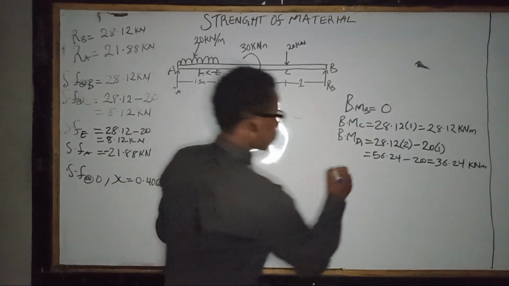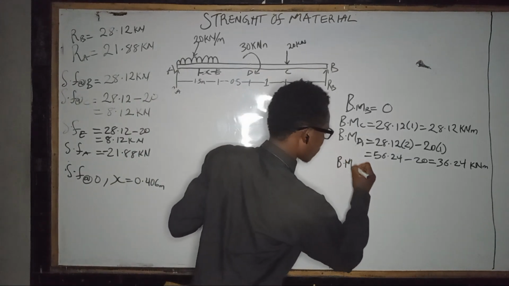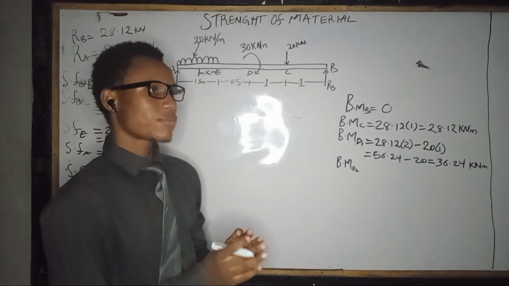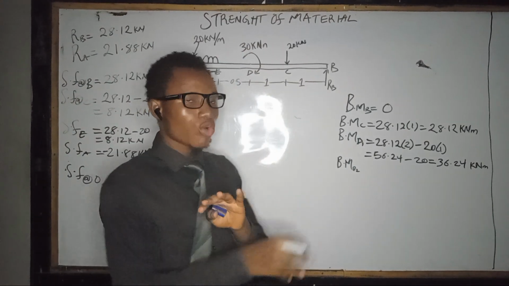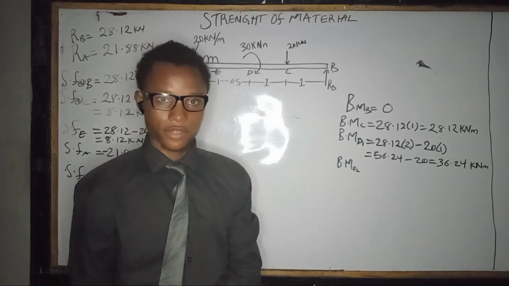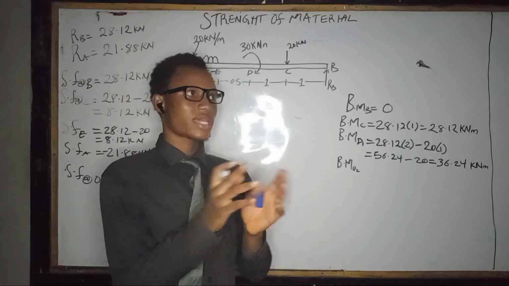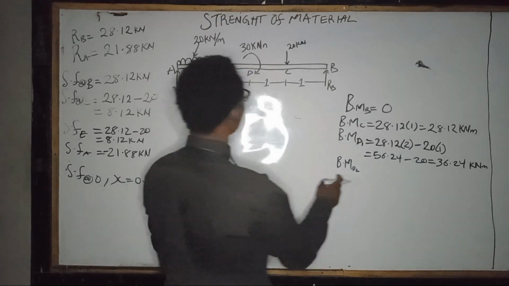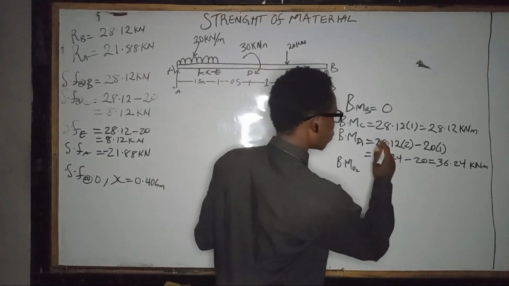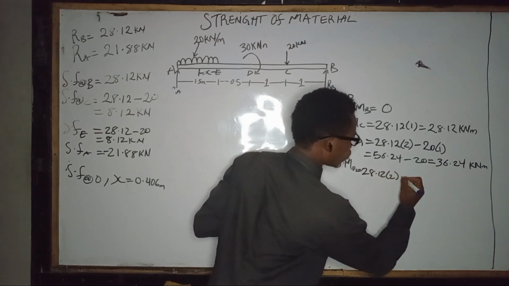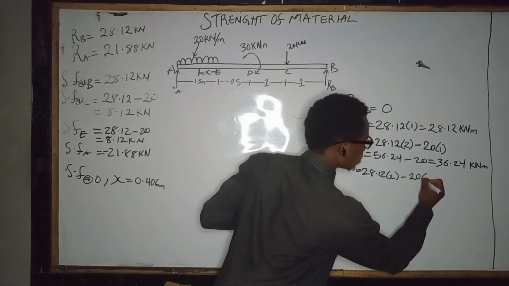So now, having our bending moment at D2, we are going to be including this moment here. But note that because the moment is moving in a clockwise motion, it's going to be negative. If the moment was moving in an anti-clockwise motion, it's going to be positive. So BM of D2 will be equal to 28.12 times 2, minus 20 times 1.